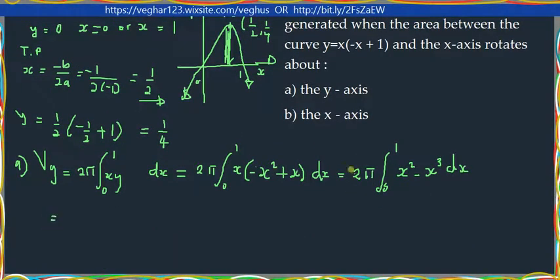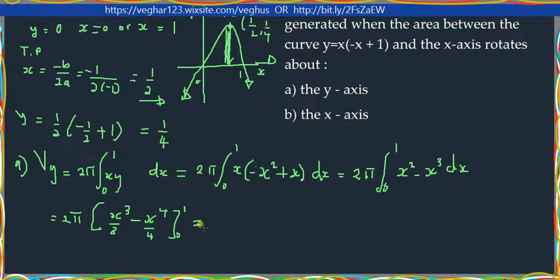And then continuing here, we can integrate from this point, so we can have x cubed over 3 minus x raised to 4 over 4, and then the limits are 0 and 1.